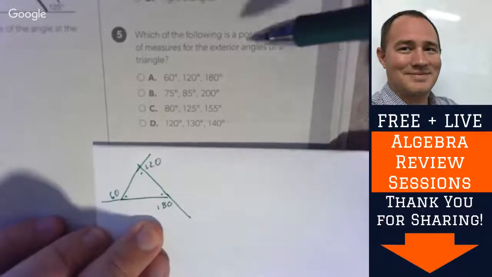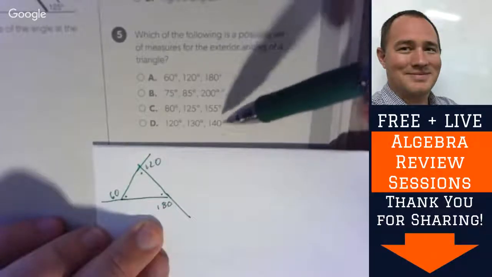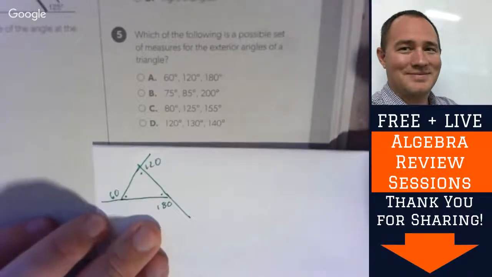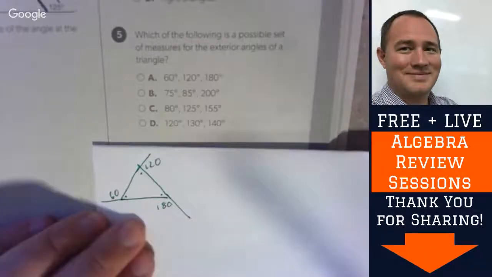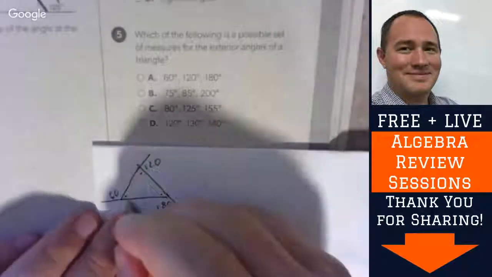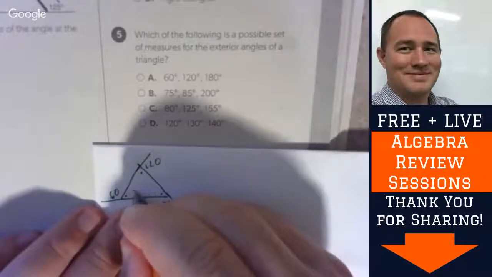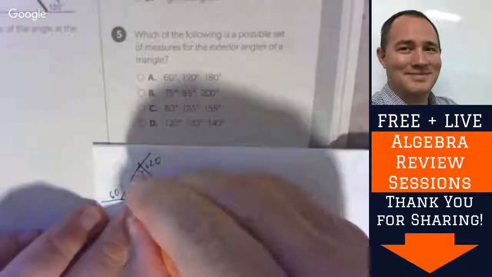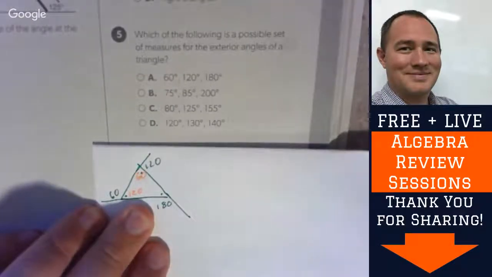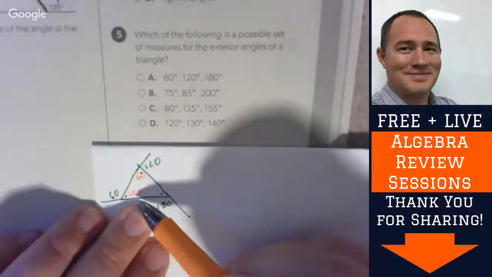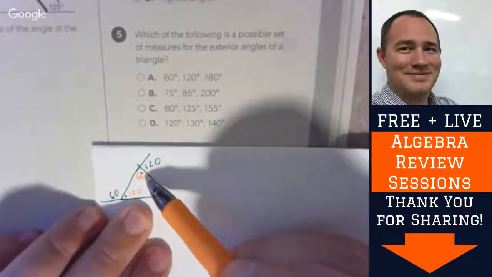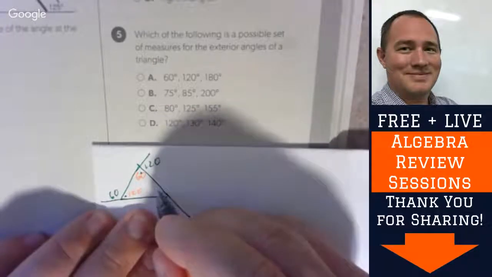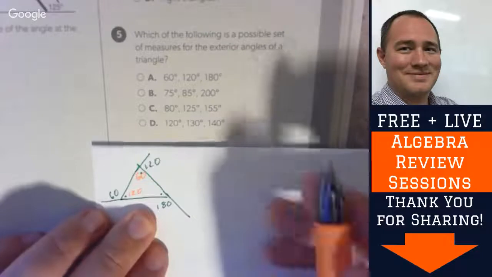So it's asking which of these combinations, if any, are even possible to have. Now, if you did the supplement of 60, 180 minus 60, you'd have 120. And here that is possible. If you did 180 minus 120, this angle could be 60. But now we're already in trouble because these two angles add up to 180 degrees, which would mean that this third angle would have to be 0 degrees, and that's simply not possible.